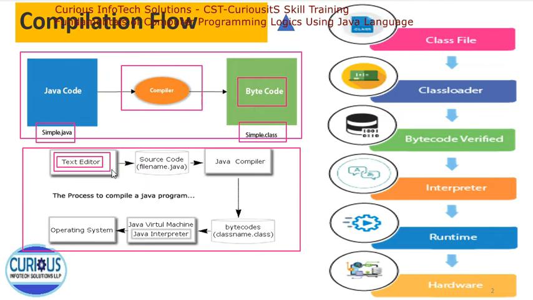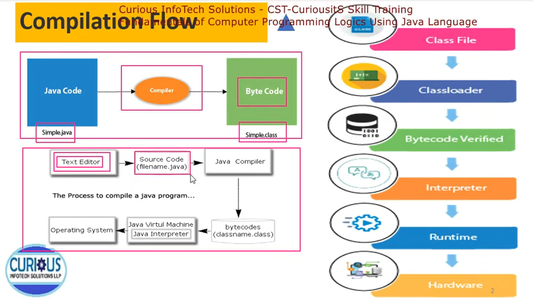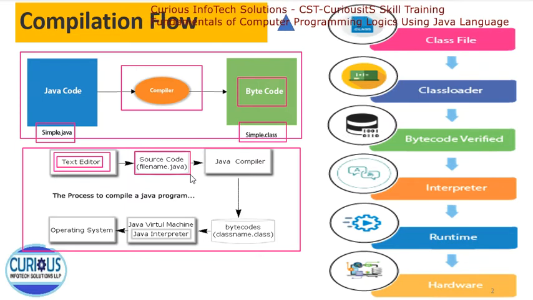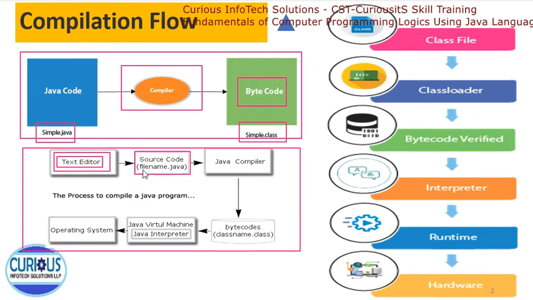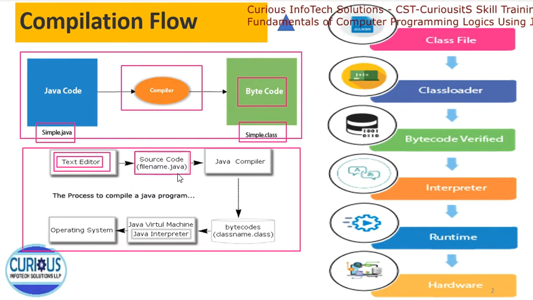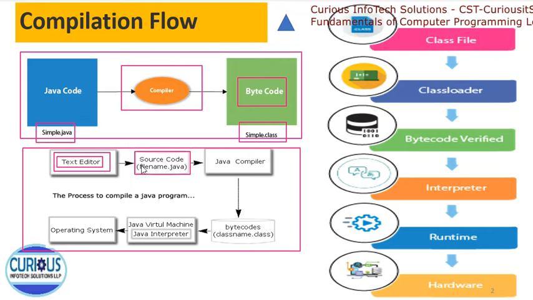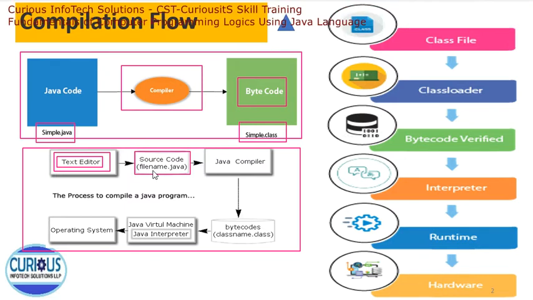Okay, now you have to save this source code in the your Java extension file name. Say here file name .java, it is a actually format of this source program. In this file name you can write like a simple को हम यहाँ पर लिख सकते हैं or according to your task.